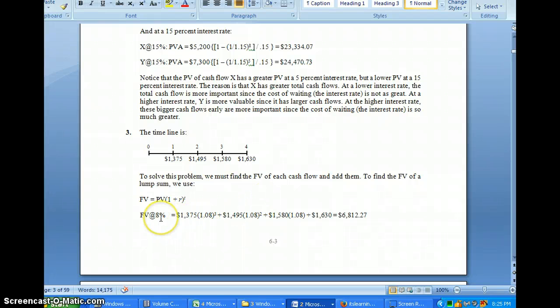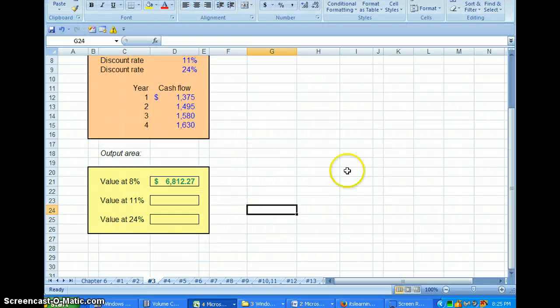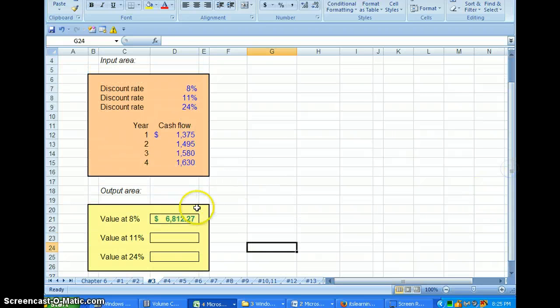And as they did right here, future value at 8%, using these cash flows coming in. So what we're going to do is look at how this is done in Excel, and we are going to solve for a future value.